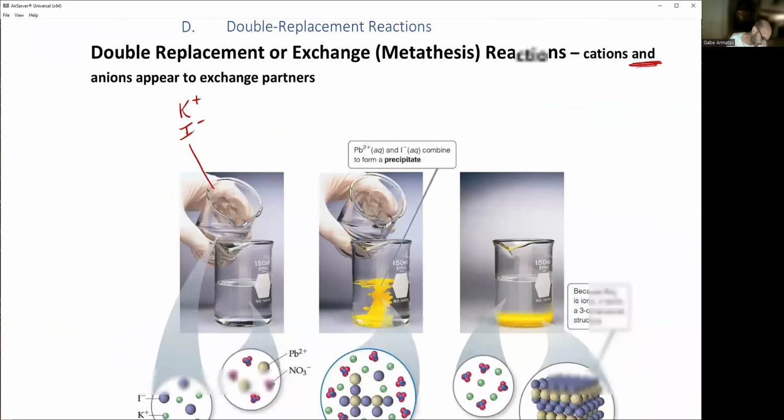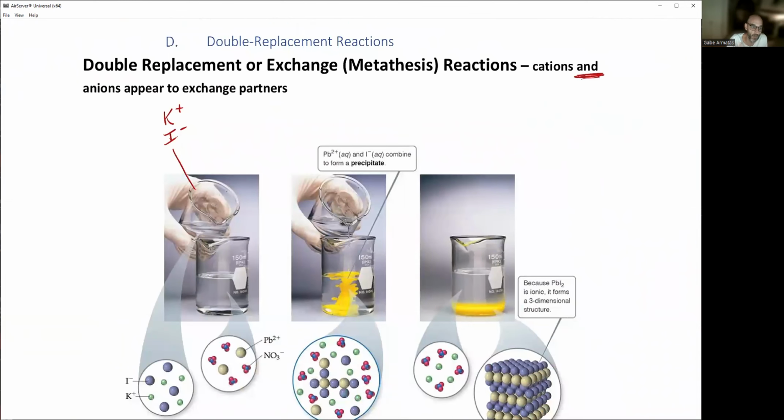They're not specifically going to stay together. They're just kind of everywhere. And in this one, I have lead 2 plus along with NO3 minus. Both of those have not yet been mixed. So there's kind of this division here. Okay. But as soon as I combine these together, now these things can pick new partners.